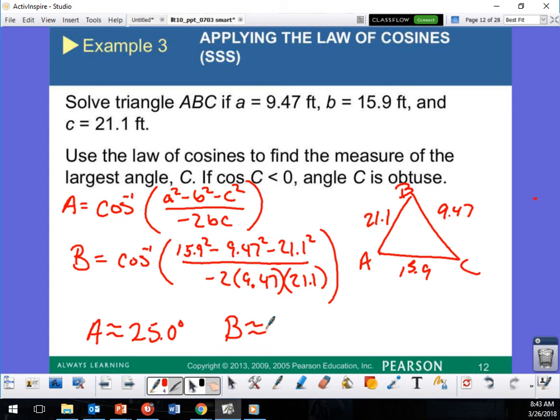All right, what do we get for B? 45.1. And then for C, I would subtract both of these from 180 to get 109.9.